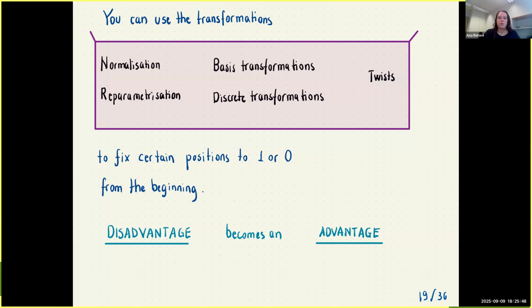So what we can do is use these to fix certain positions in our matrix to 1 or 0 from the beginning. And this reduces a lot. You can do it strategically as well: you can look at your system and see which choice will help you solve it. You just have to be careful because not every element can be put to 0; it depends if it's diagonal or not. But there is a lot you can do by starting like this. So this disadvantage becomes an advantage.